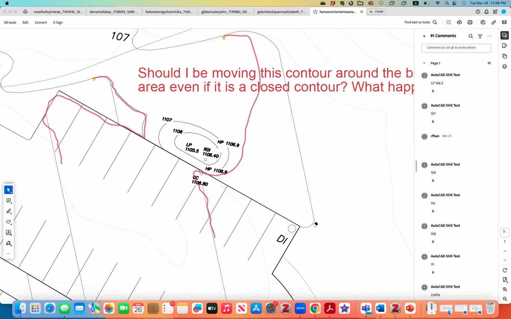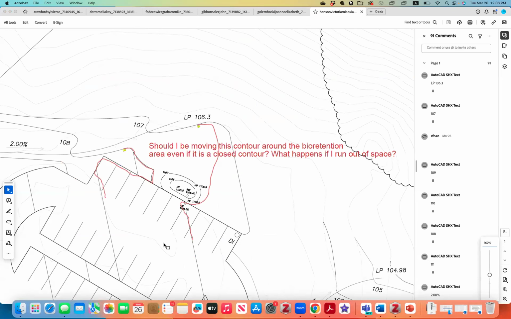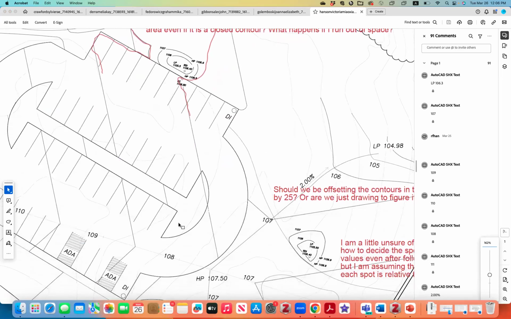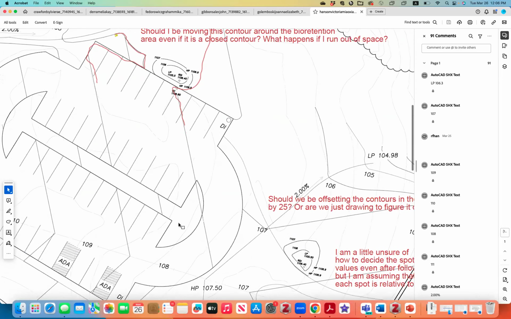And this one, oh yeah, this one, you would basically, that's right. No, wherever, well, it's a little skeptical. Let's zoom out and see where the other contours are. Ah, that one is actually a closed contour if that's the case.